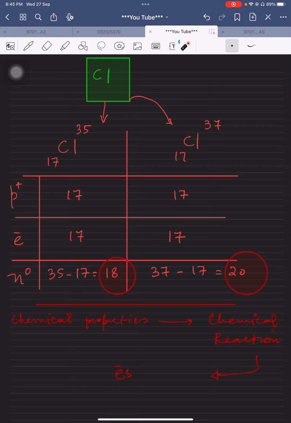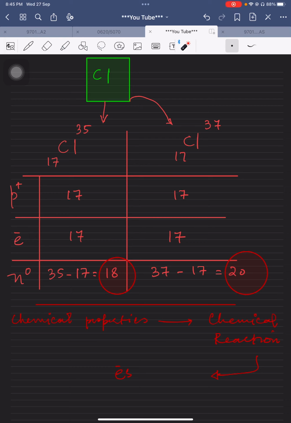You can keep in mind that chemical reactions are based upon the outer shell electrons, or you may simply consider electrons only. So chemical properties, which are also called chemical reactions, are based upon electrons only.